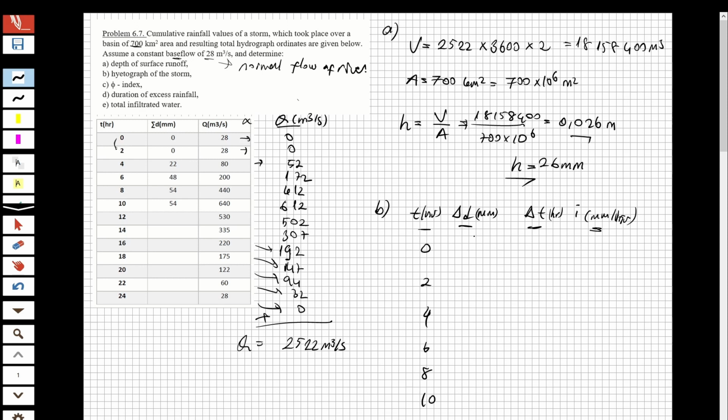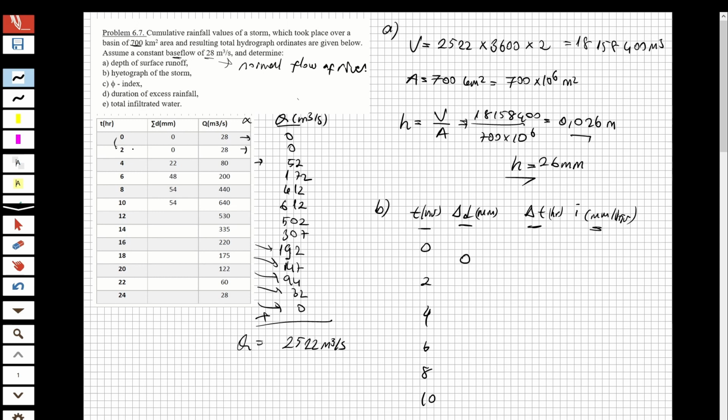And delta D, look here: between 0 and 2 is 0, between 2 and 4 is 22, between 4 and 6 is 26, between 6 and 8 is equal to 6, between 8 and 10 is equal to 0.